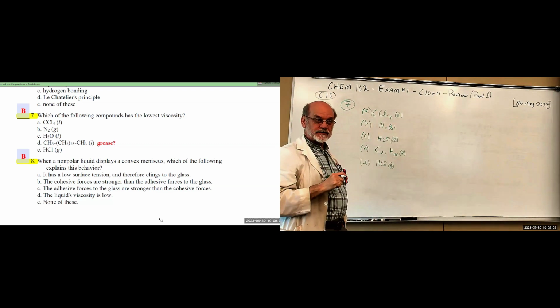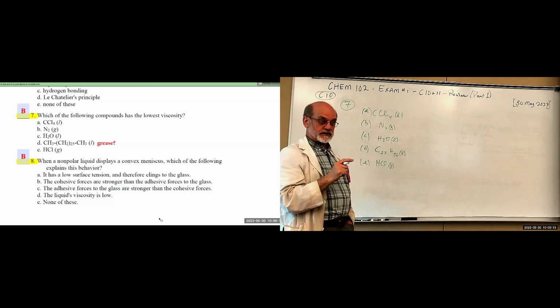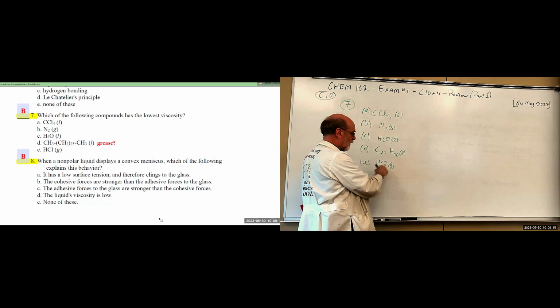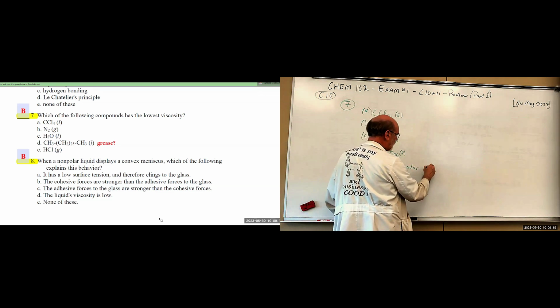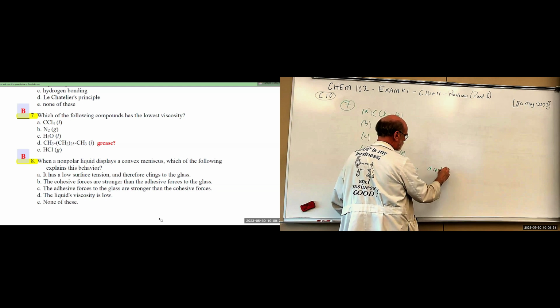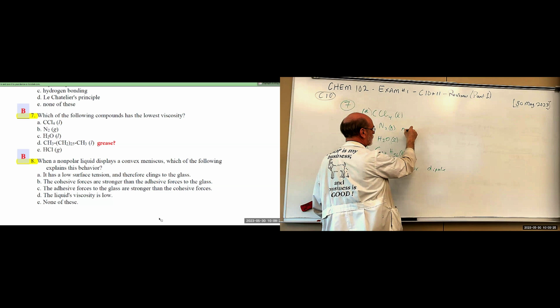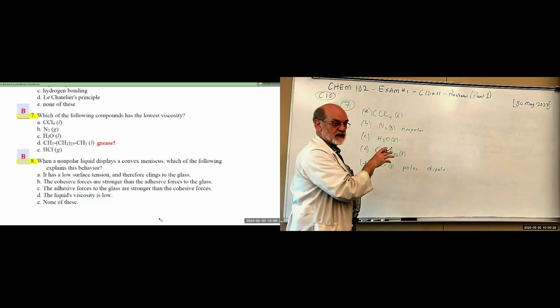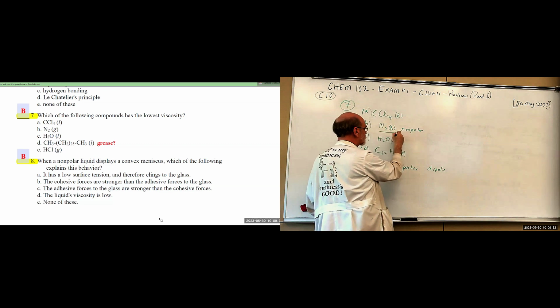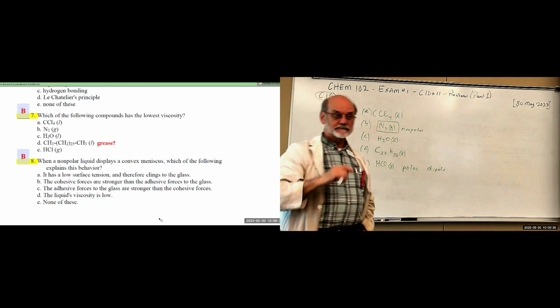The lowest viscosity is going to be one of these gases. Well, which one has the weakest forces? Well, this is a polar compound, so you're going to have dipole-dipole interactions. This one we've seen already is nonpolar. So the only possibility here are the London dispersion forces. This will be the lowest viscosity. Okay?